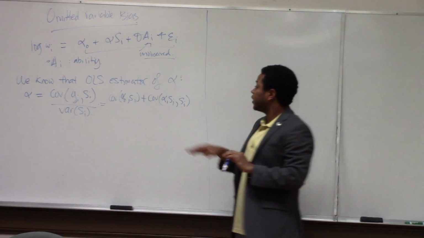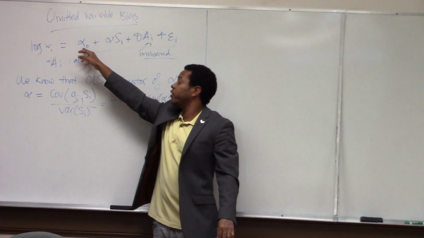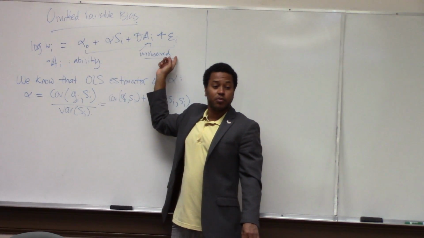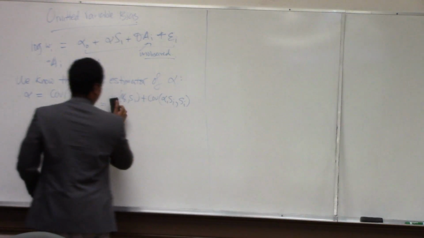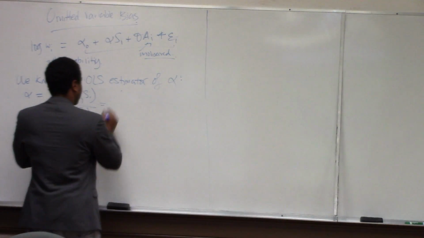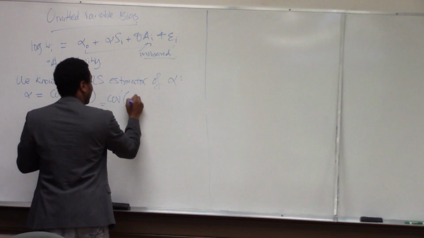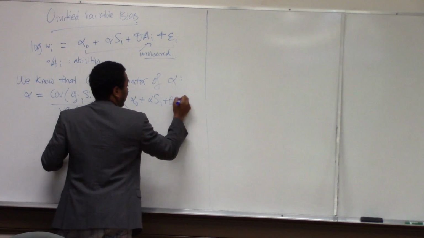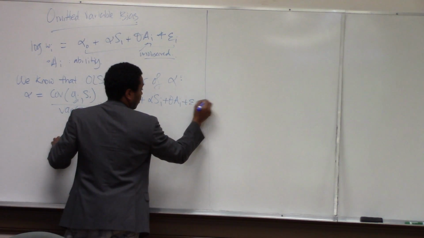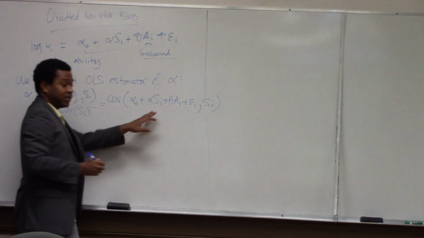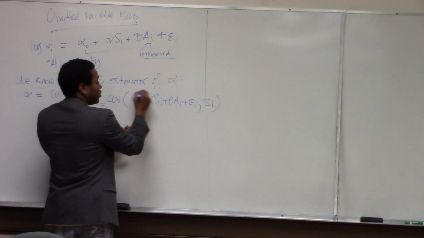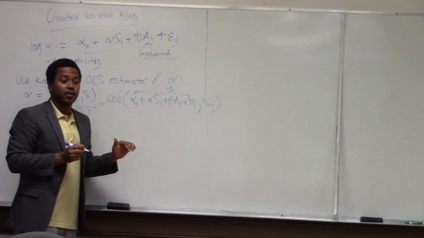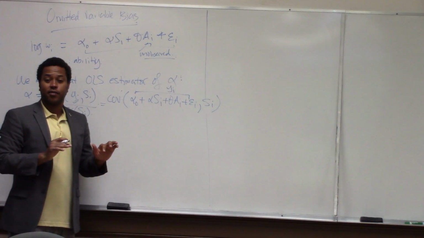We're just taking each of these individual terms and computing the covariance of each with s_i. Let me write this out more explicitly: the covariance of alpha 0 plus alpha s_i plus beta a_i plus epsilon_i with s_i. This whole term here is just y_i. Any questions so far? Is the pace okay?